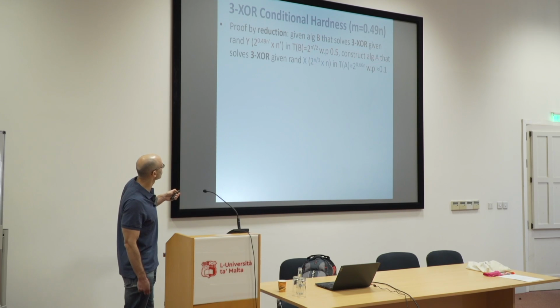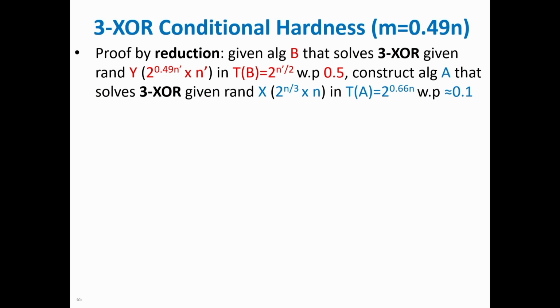And we want to construct an algorithm for the sparse regime that solves 3 XOR given a sparse instance with these dimensions, and its time complexity is going to be slightly below 2 to the 2n over 3. So it's going to be 2 to the 0.66n. And let's say we want to solve the problem with probability 0.1.